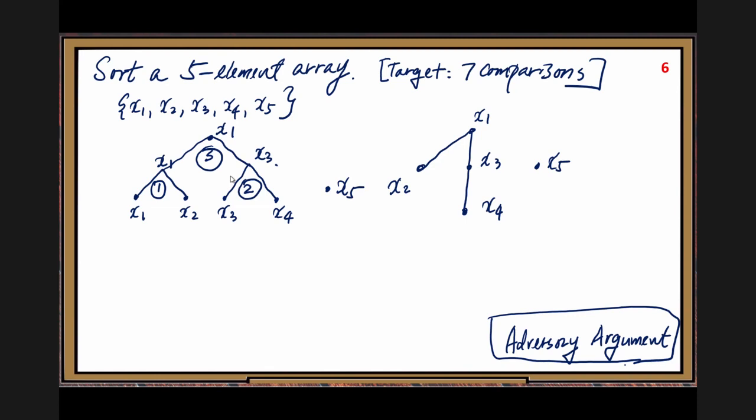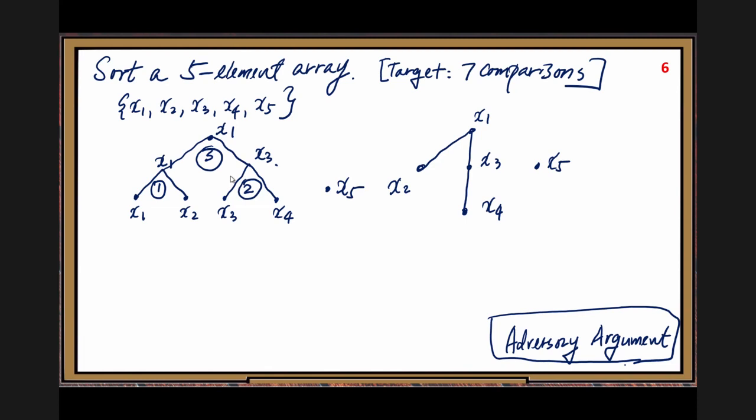Then, when you compare x5 with x2, there are two cases, greater than x2, less than x2. This time, we need to ask our adversary, which of the two cases do you want to give to us? The adversary would tell us, I choose x5 greater than x2 to make your life harder. That's the adversary argument.